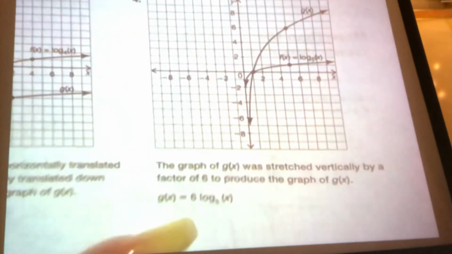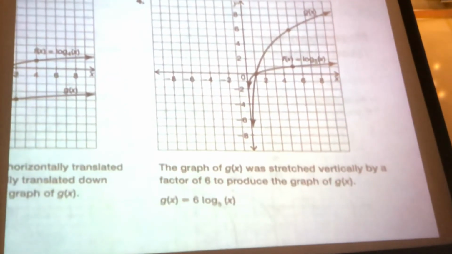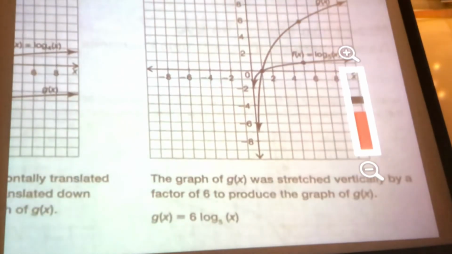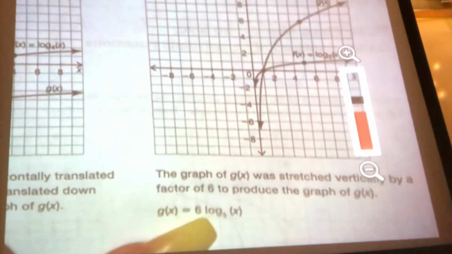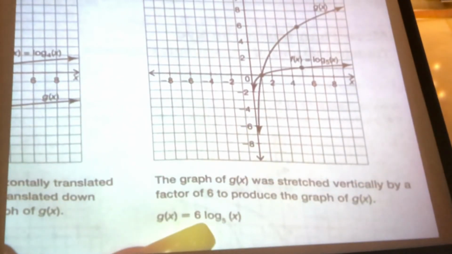So I'm going to zoom in so that you can check your answers. Number 4, you should have had a compression, or stretch, sorry, of 6, because it didn't move left and right. It just got fatter or skinnier. It just got stretched. So there should have been a 6 right there.